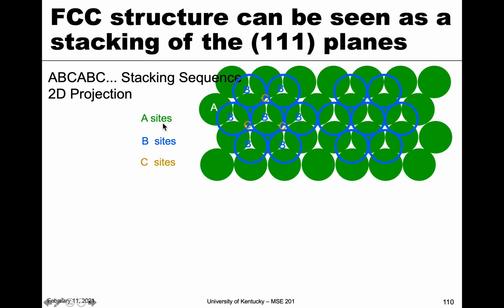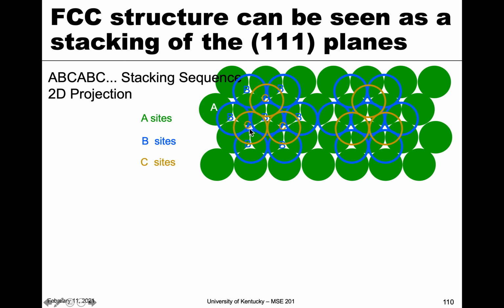So now we're going to have one more plane above it that we're going to describe, and that's going to be, again, another close packed plane, but we're only going to show a few of the atoms for convenience here. And they also go over the empty sites, but this time they go over the empty sites in the B site, and they're also not directly aligned with the atoms in the A site.